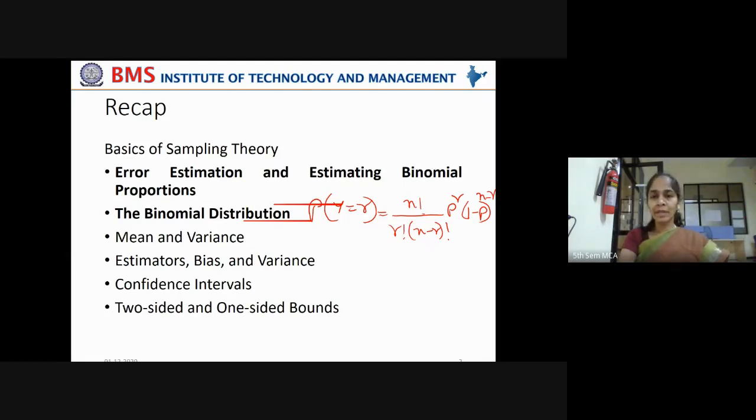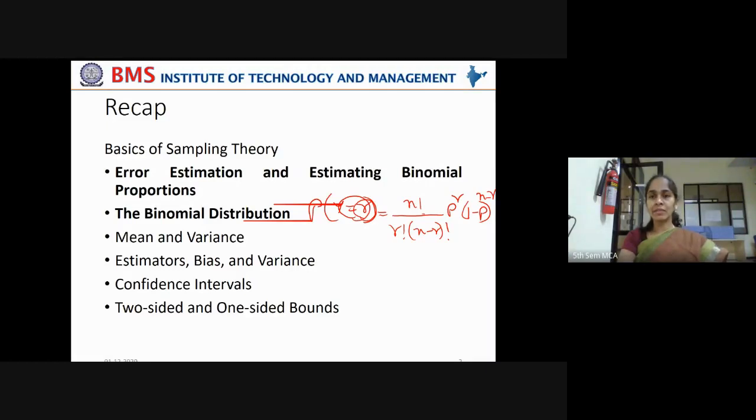We simplified this into a problem of coin tosses. When we toss a coin n times and expect r number of heads, what is the probability of observing a specific number of heads, say 6 heads out of 10 coin tosses?